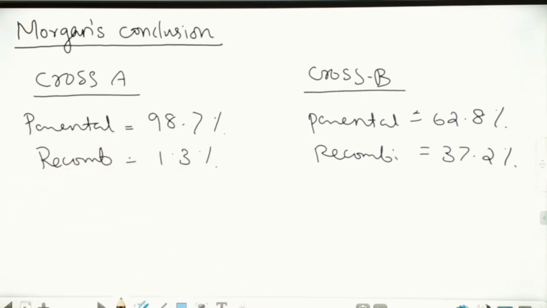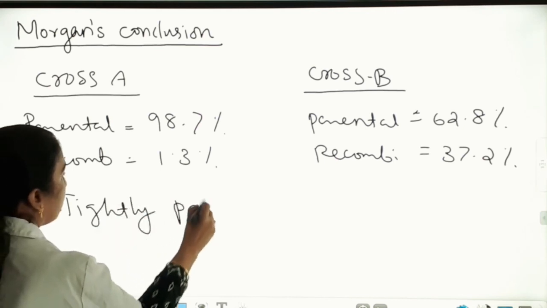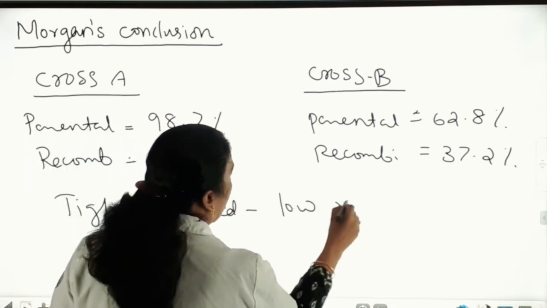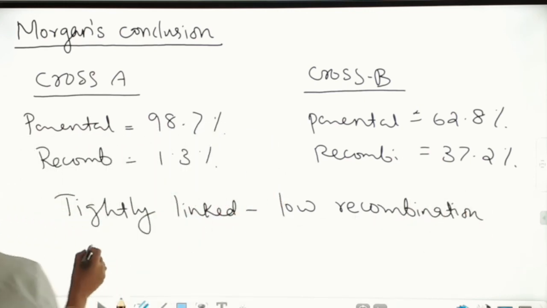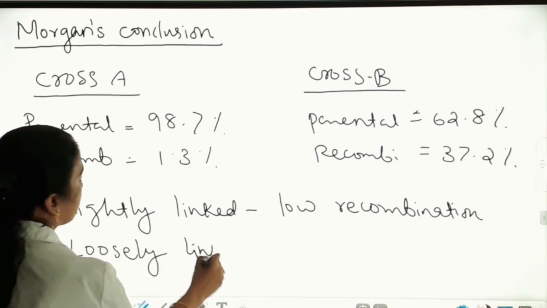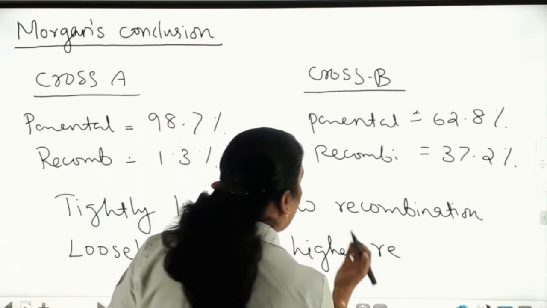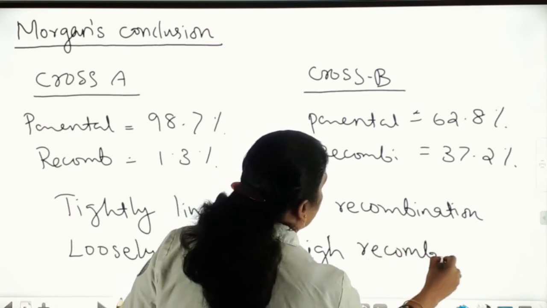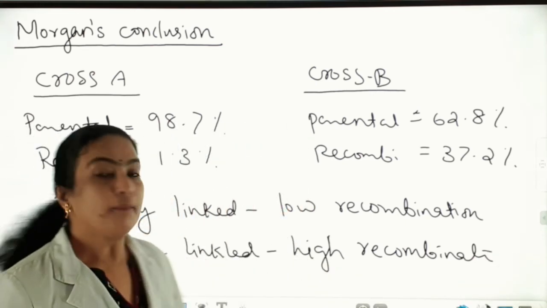And the genes which are tightly packed or tightly linked show only low recombination, and the genes which are loosely linked show higher recombination. Is it clear? So this was the conclusion of Morgan.